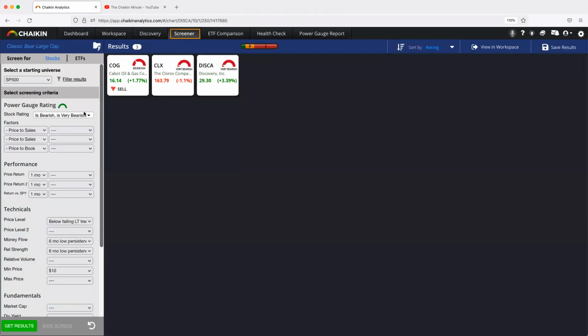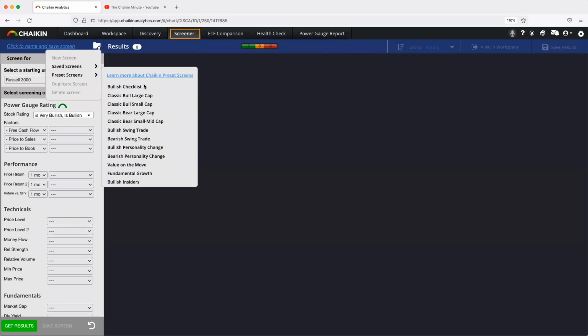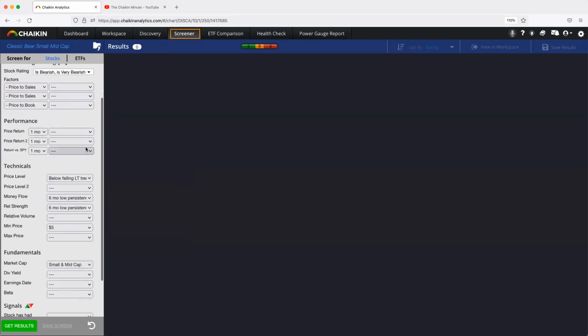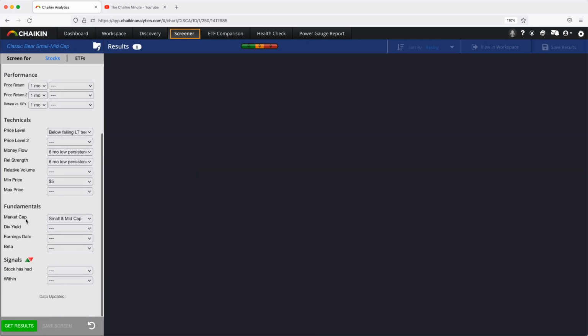Now, you might be saying, maybe given the current market conditions, large caps aren't right for me. Okay. Classic Bear Small Mid Cap is exactly the same, folks, except the starting universe looks at the Russell 3000, which is sort of a proxy for the whole stock market, and chooses market cap of small and mid cap here.